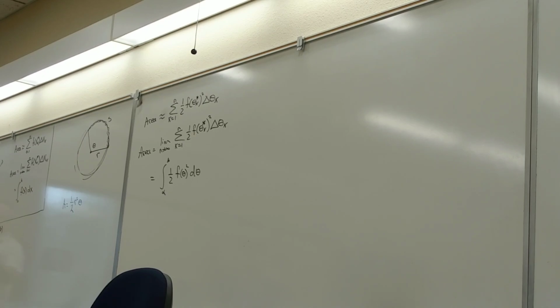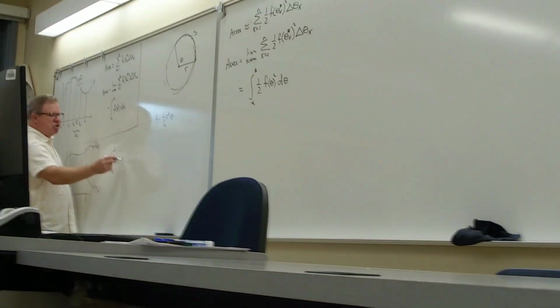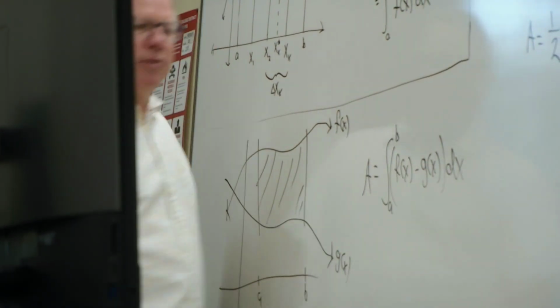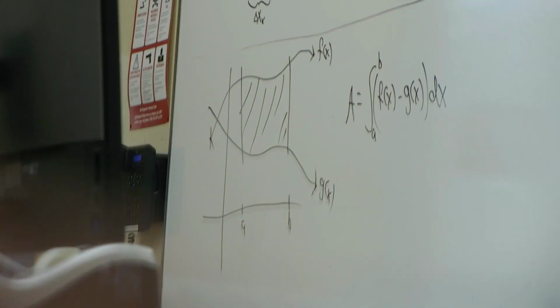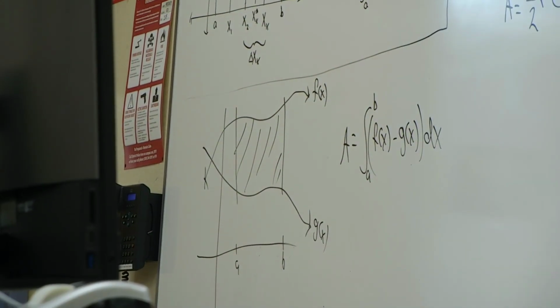And we find like an area like that. And the way we do it there is, from a to b, we do f of x minus g of x. Right? That's what we do there. For the problems we're going to do, this is all we need, right here.